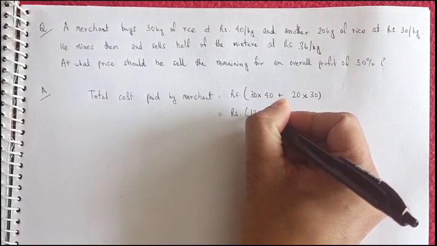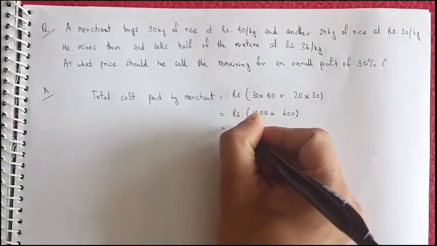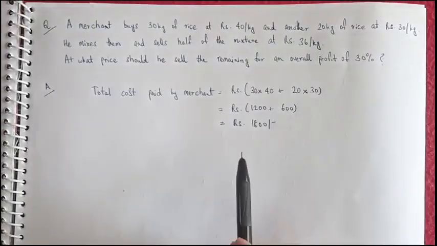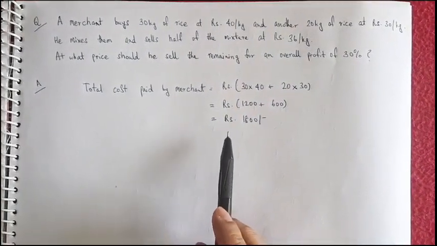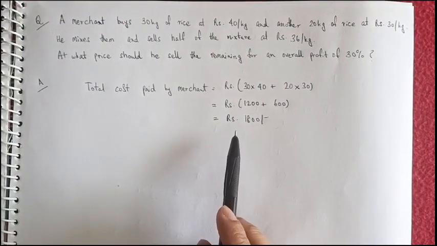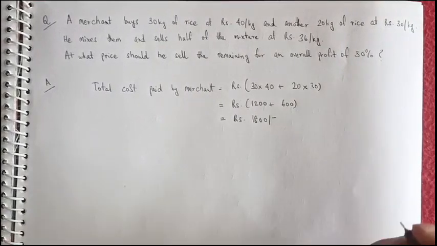So 1200 plus 600, right, is equal to rupees 1800. Okay, so our rice merchant has paid a total price of rupees 1800 for buying this entire amount of rice.